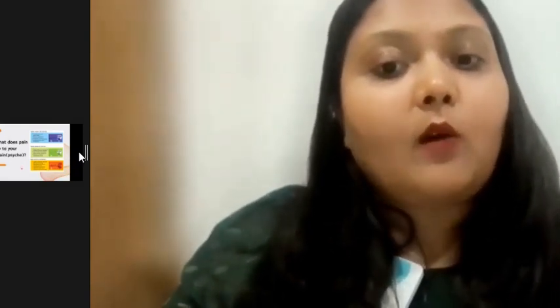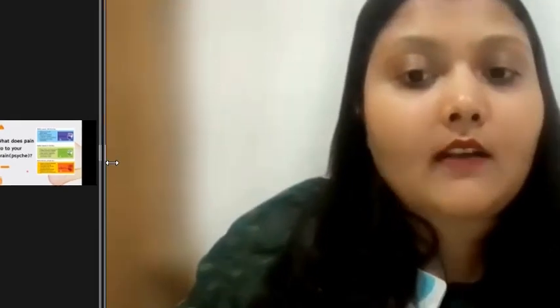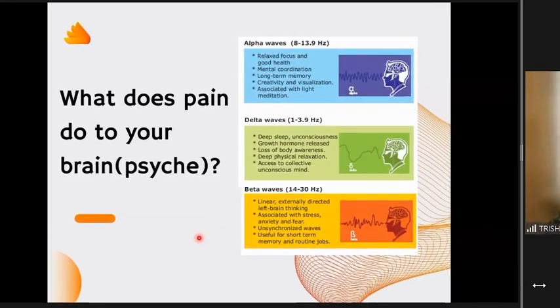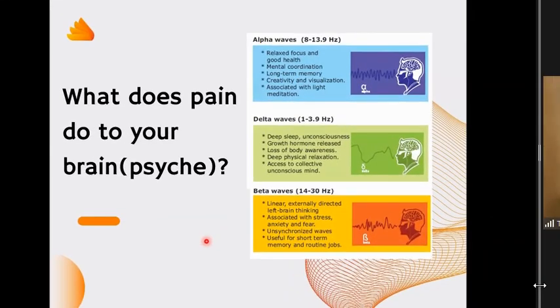Okay, so automatically things are unsynchronized when these waves are unsynchronized, and our routine day-to-day jobs get affected. So what I want you to remember from this page are three major points. One, what is important for relaxation and feeling calmness in mind: alpha wave balancing.